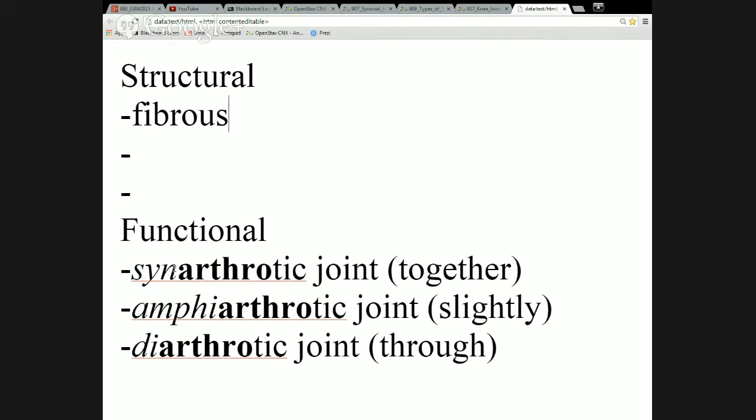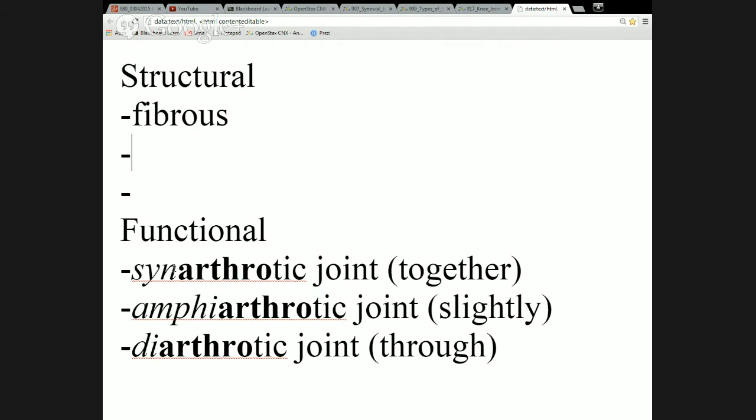The sutures in the skull that I was mentioning a second ago, those are fibrous joints because the fibrous periosteum of the bones is what holds them together. There are a number of fibrous joints which have ligaments, which is dense regular connective tissue connecting one bone directly to another bone. Those are also fibrous.